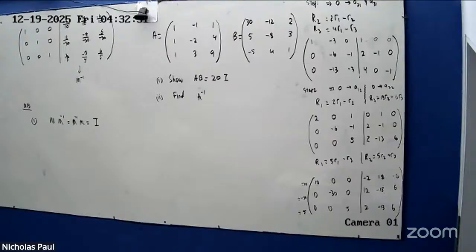Multiply A by B and then find B. Why multiply? This thing right there, A by B. So what about that?